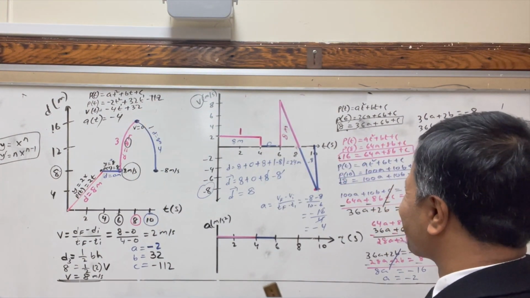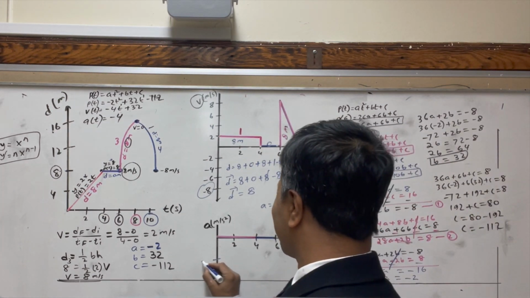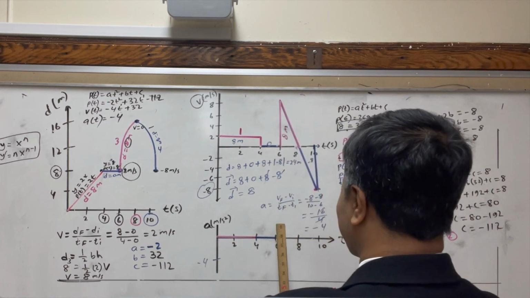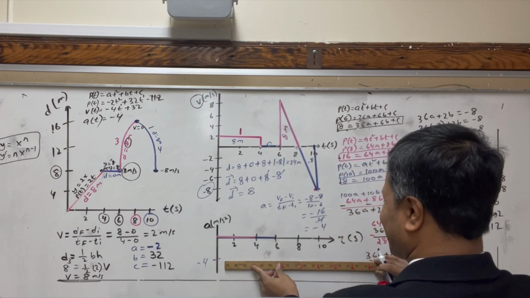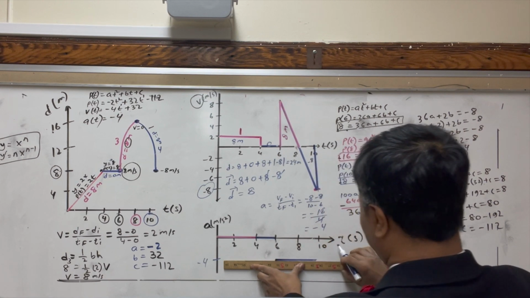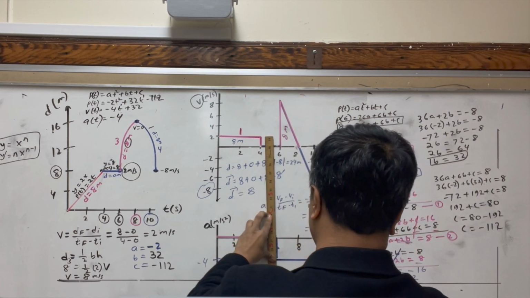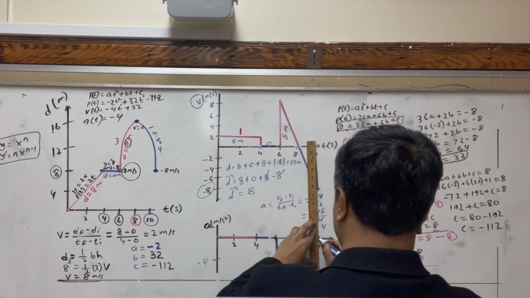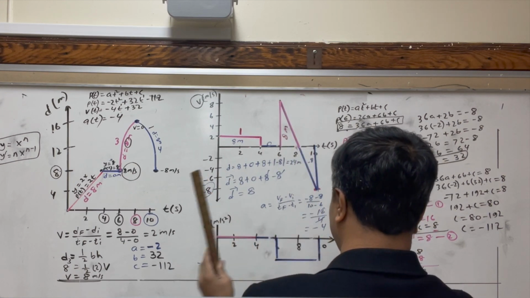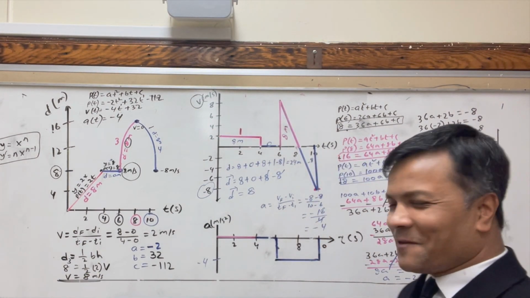So acceleration is minus 4 from 6 to 10. From 6 to 10, acceleration is minus 4. And that was beautiful, right?